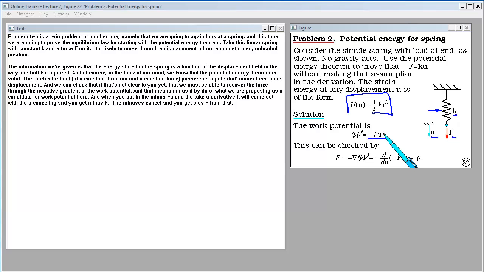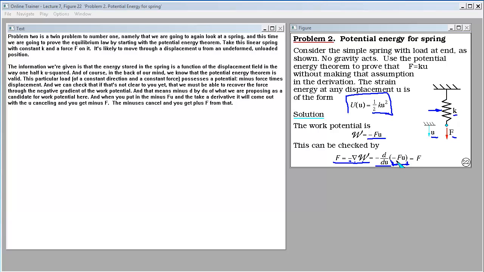If that's not clear to you yet, we can check that we must be able to recover the force through the negative gradient of the work potential. That means minus d by du of what we are proposing as a candidate work potential here.